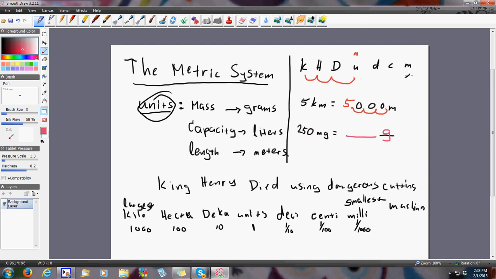So I'm going to go 1, 2, 3, and I'd have to move my decimal over 3 spots. So my answer would be 0.25 grams. For both of these examples, I went back to my units, but it's possible not to. You don't have to. It's just the examples I've picked.